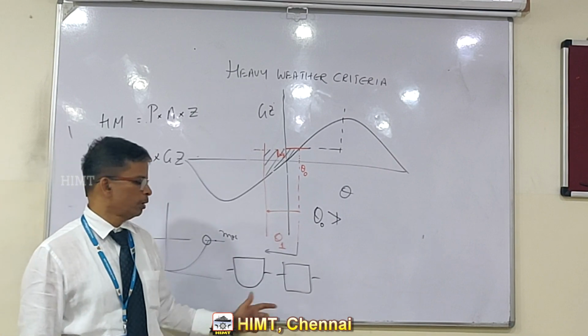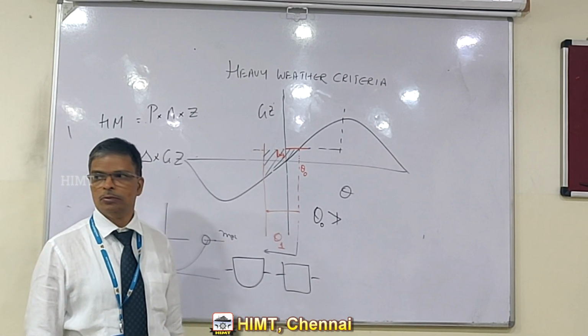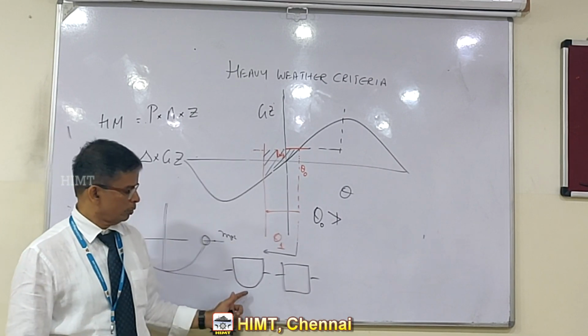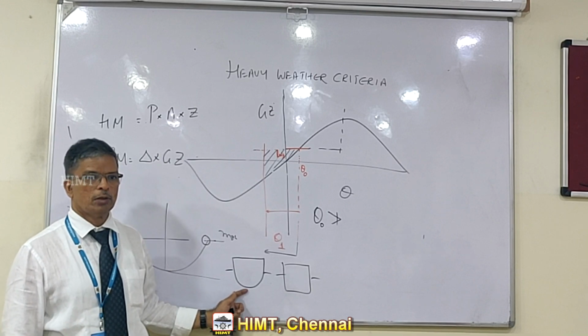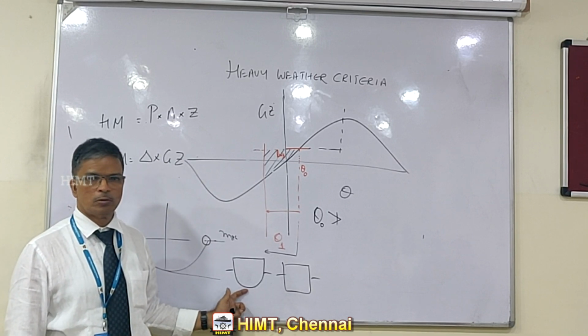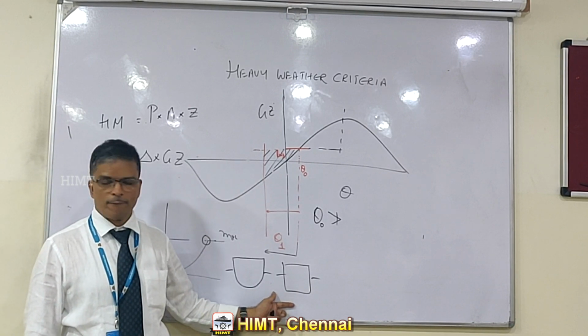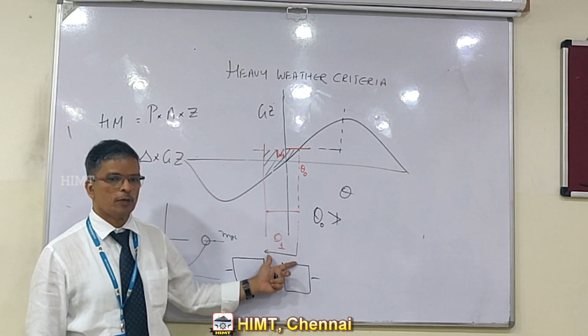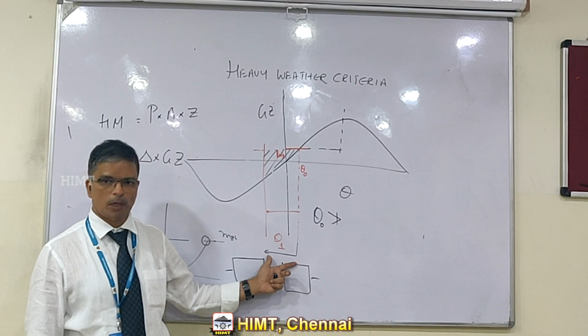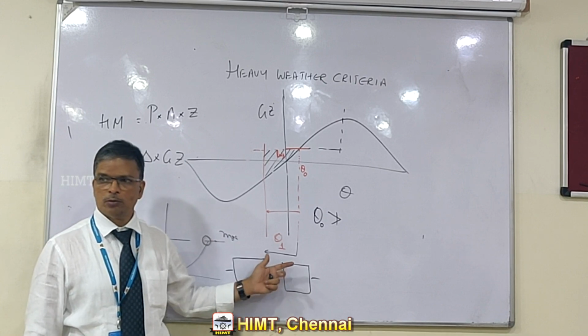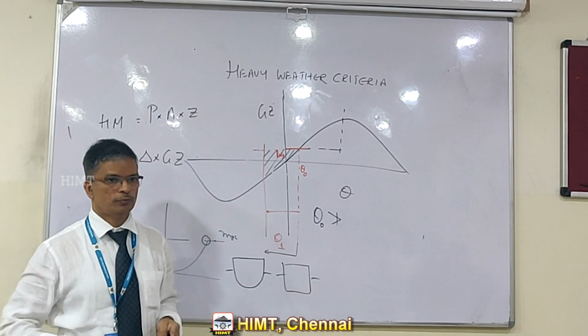Which one do you think will roll more? This one, because it will not disturb the water at all. This will disturb the water much more. So how much the value of theta 1 will be depends on the shape of the hull.